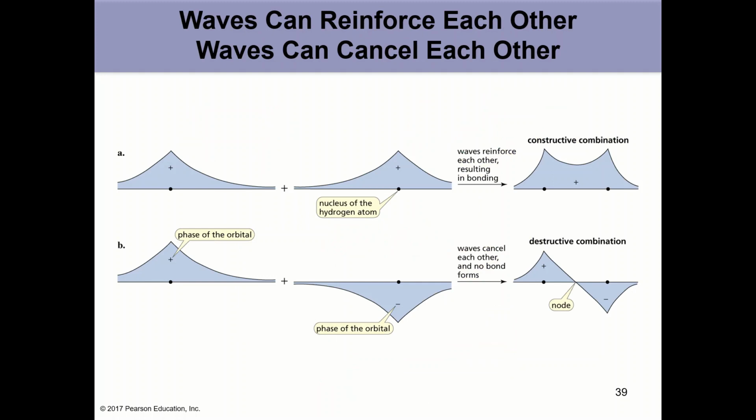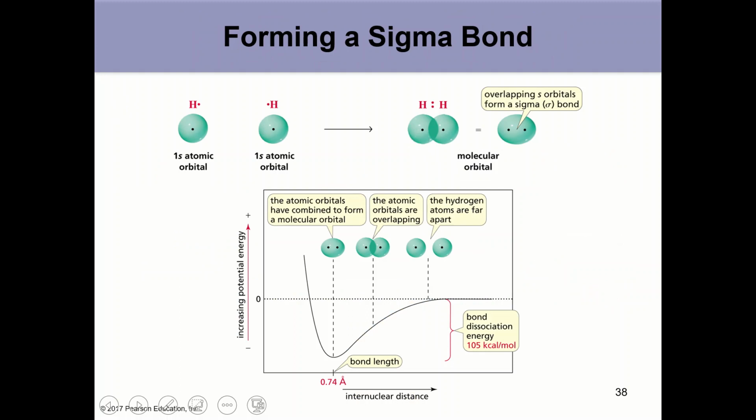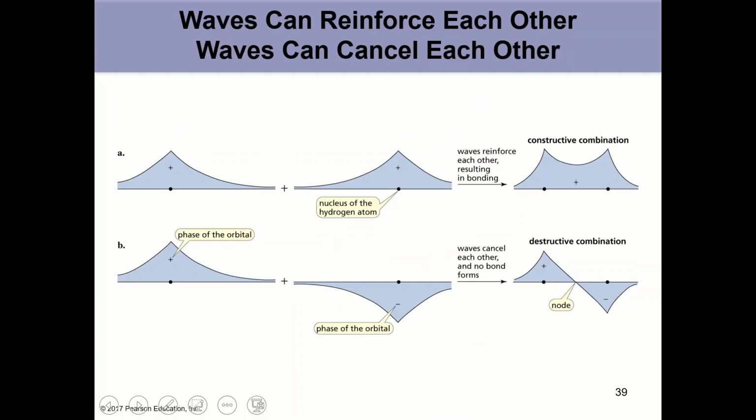Okay, so we say that electrons can behave as waves. When two waves combine, we have A and B. So think of A and B as electrons, and we have a positive phase and a negative phase.